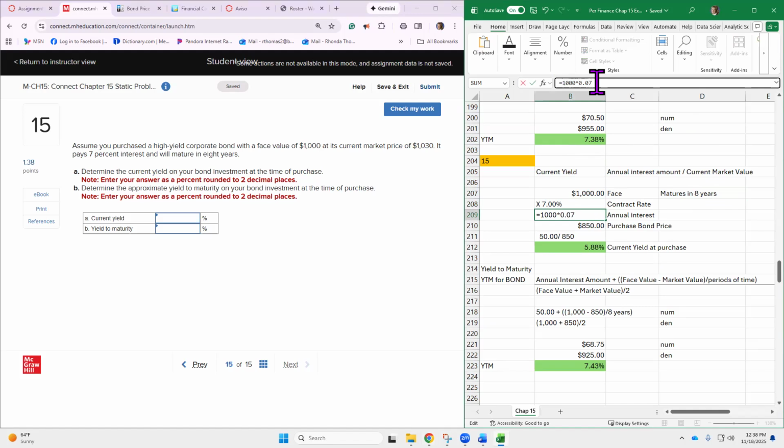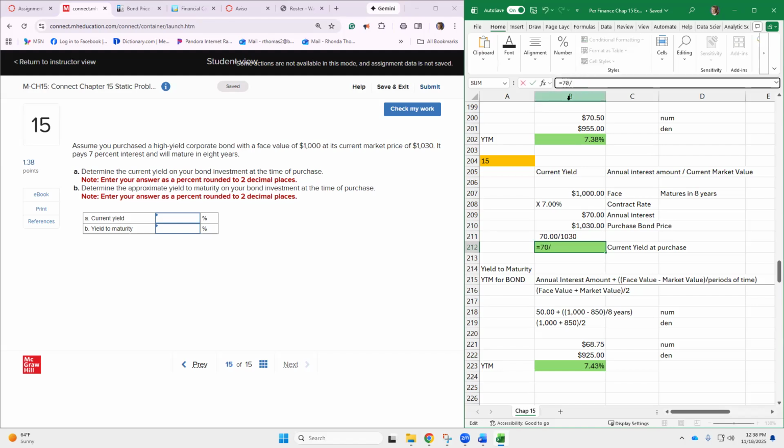Yep, and the purchase price was $1,030. So then we're going to find current yield. The current yield is $70 divided by the price that we paid for the bond. Okay, the $1,030.